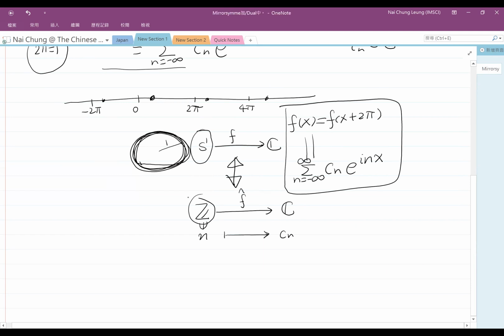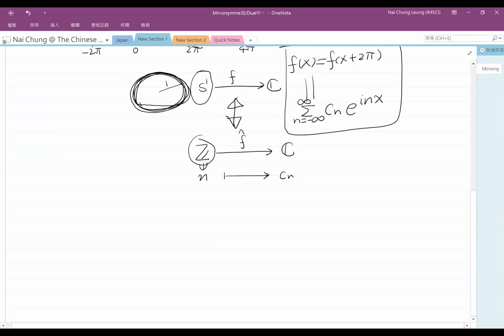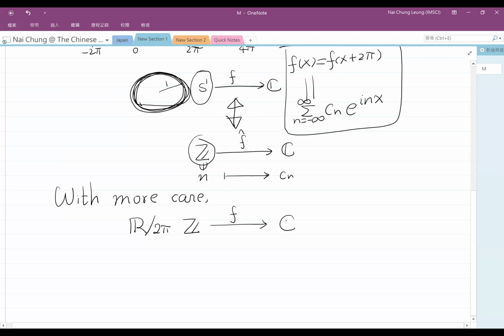In fact, with more care, more naturally, you should think about this instead of looking at R over 2 pi Z. So this is a function here, which is related to a function on this one, and they are equivalent by this Fourier series.